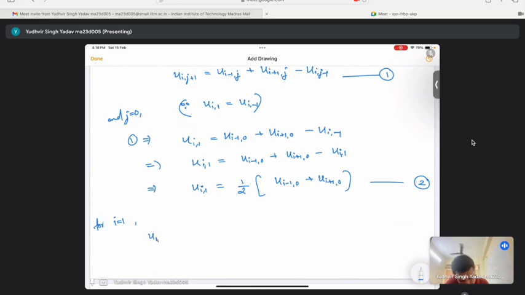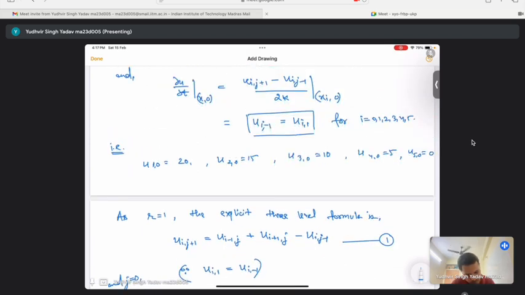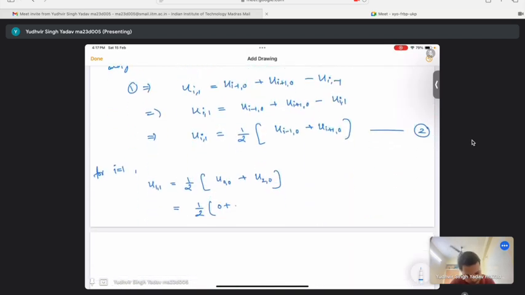We will have u(1, 1) equals to 1 by 2 times (u(0, 0) plus u(2, 0)), which is 1 by 2 times (0 plus u(2, 0)), and u(2, 0) we already have 15, so u(1, 1) is 15 by 2.